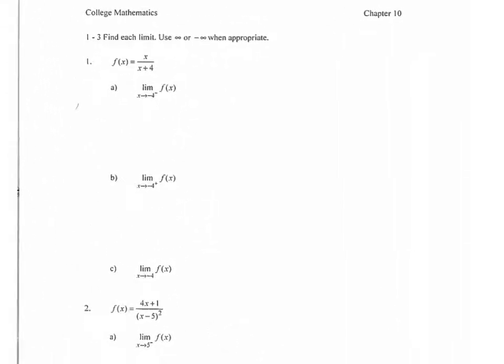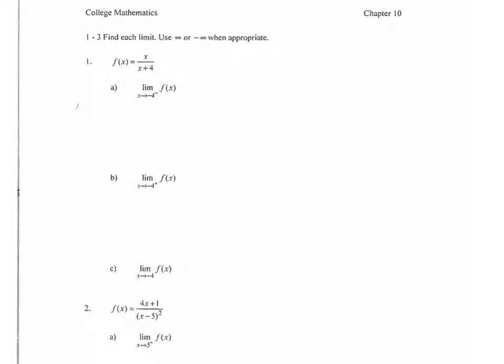All right, so it says find each limit, and we will use either positive infinity or negative infinity when appropriate. So remember, we may discover that the limit doesn't really exist, but kind of like that graph we looked at earlier on that PowerPoint, it could be that even though it doesn't exist, both of the sides would be approaching, say, positive infinity.